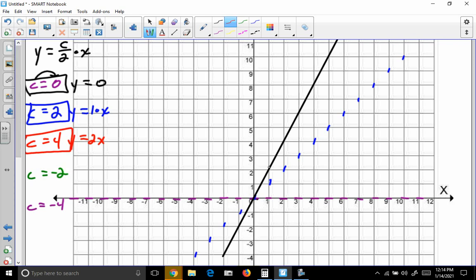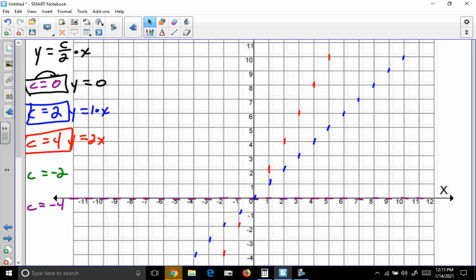So approximate a slope of 4. Pretty steep. Uh-oh, I missed it with that one. All right, and then let's delete the isocline.